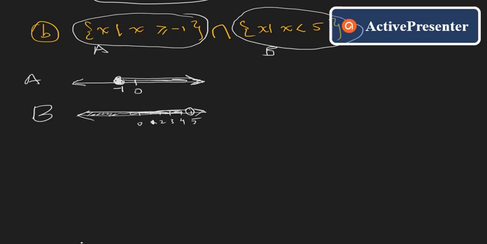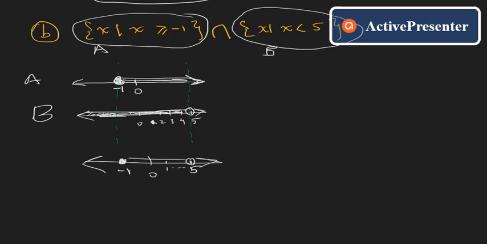So where do these two sets intersect? They intersect from here, closed minus 1, to 5 open. So when we represent them, it should be, of course, here 0, from minus 1 closed up to 5 open.